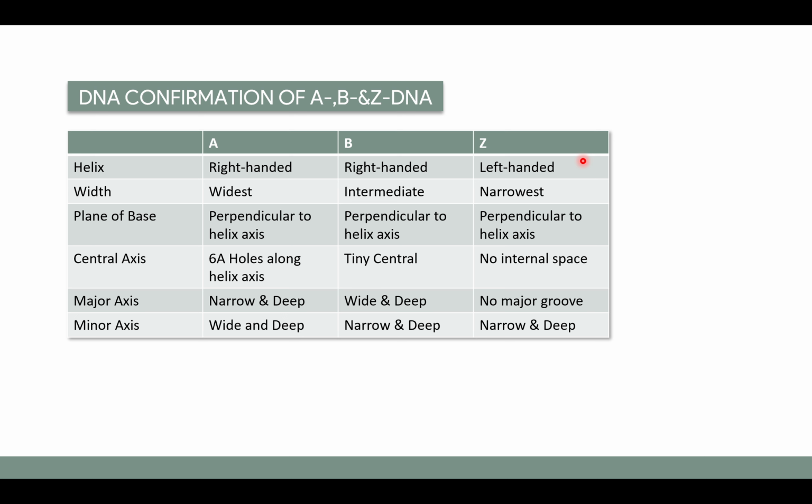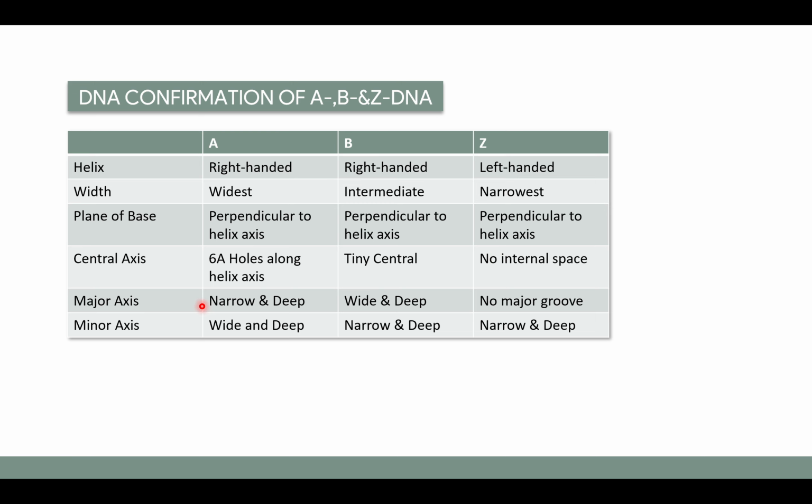Among these, A is widest and Z is narrowest. If we talk about the plane of the base, in all three forms it is perpendicular to the helix axis. The central axis in A is a 6 Angstrom hole along the helical axis. B has a tiny central axis, and in Z there is no internal space.